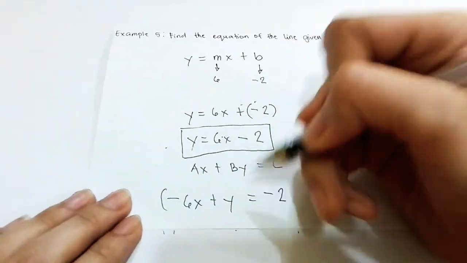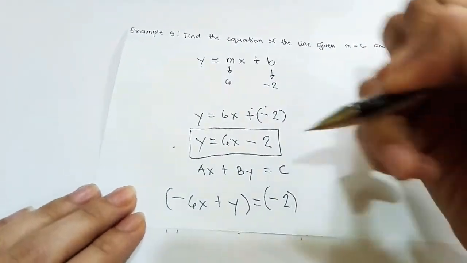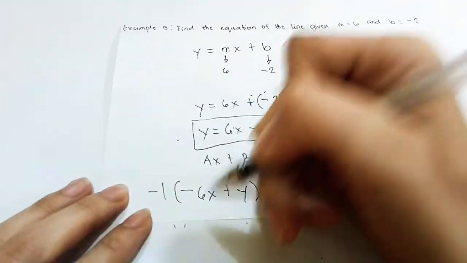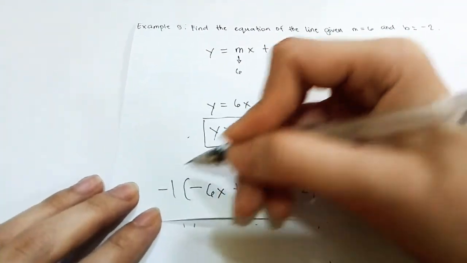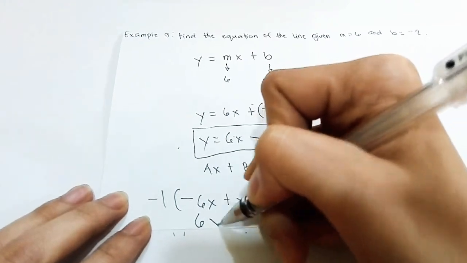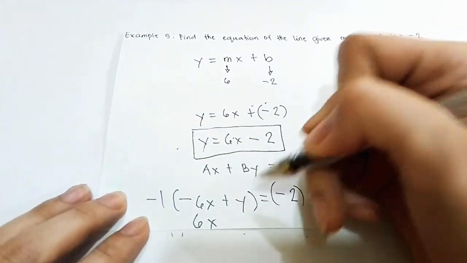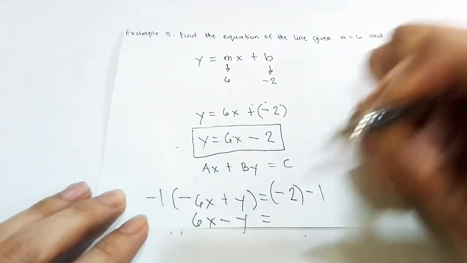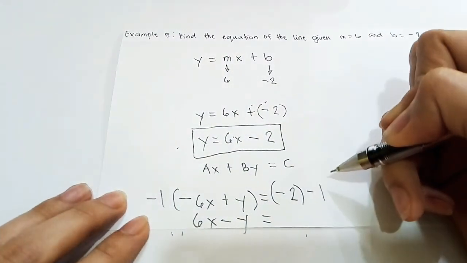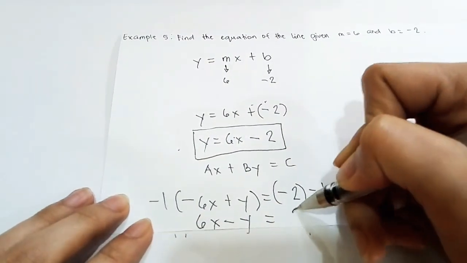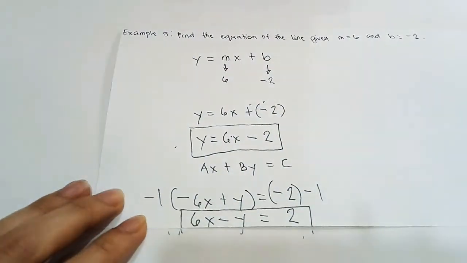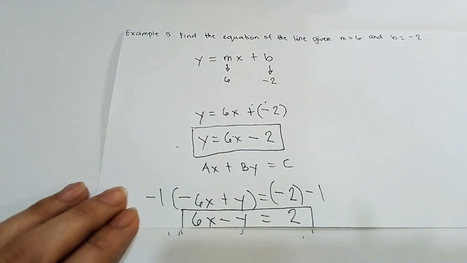So we are going to multiply both sides by negative 1. Okay. So negative 6x times negative 1, that is positive 6x. Positive y times negative 1, that is negative y, which is equal to negative 2 times negative 1, that is positive 2. So this is now the equation in standard form.